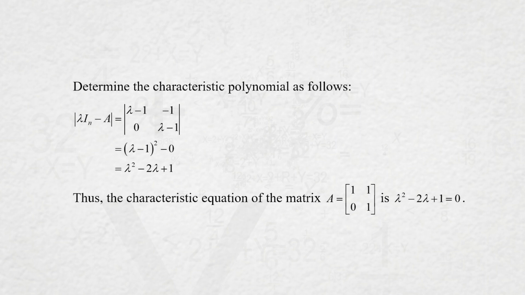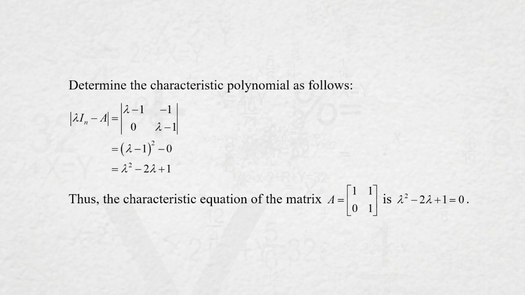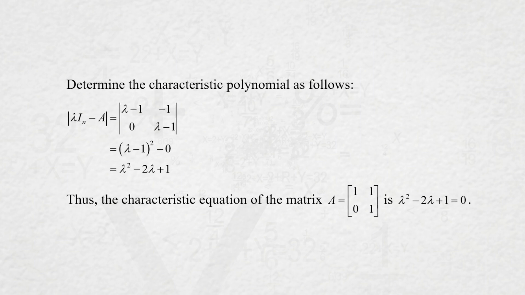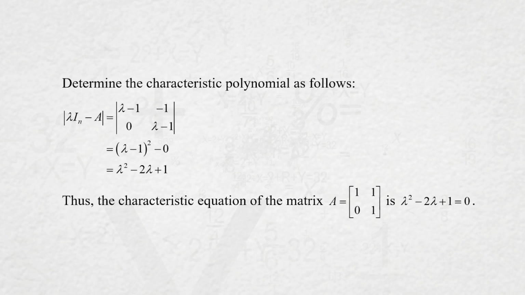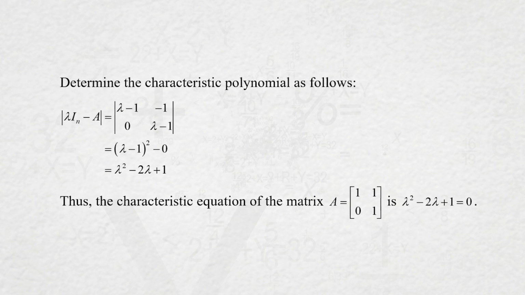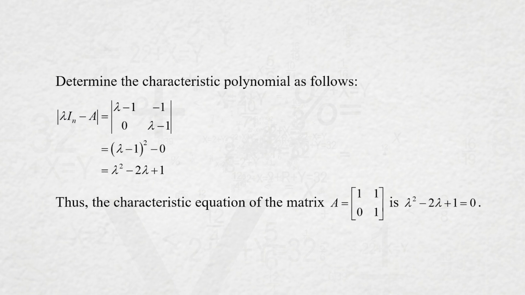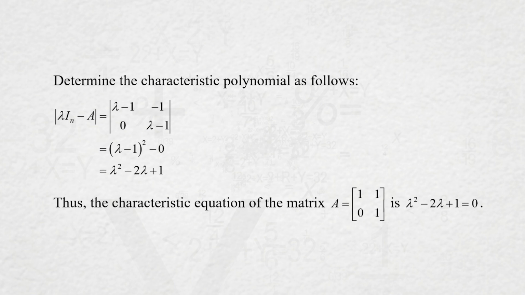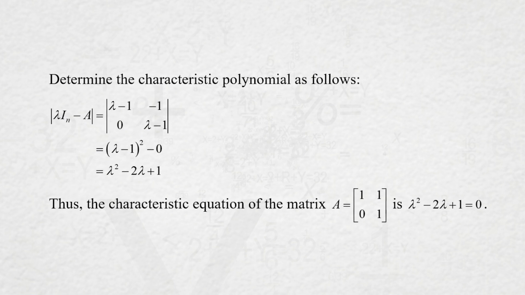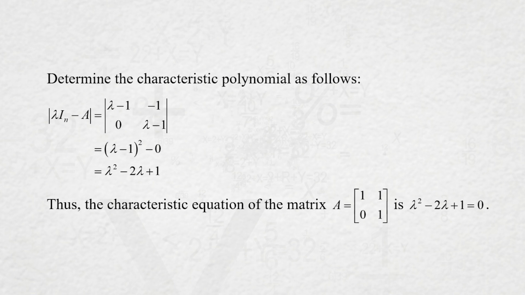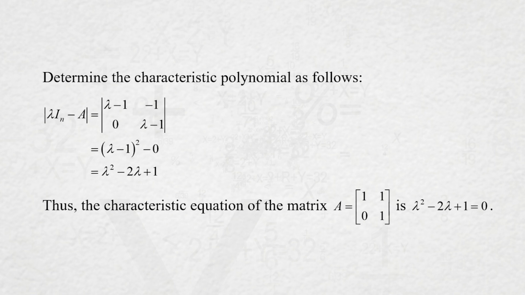Because we are talking about matrices here, this is the determinant of lambda In minus A. If you find this determinant, you have lambda minus 1 multiplied by lambda minus 1, that is lambda minus 1 the whole square, minus 0, that is lambda square minus 2 lambda plus 1. Thus, the characteristic equation of the matrix A, 1 1 0 1, is given by lambda square minus 2 lambda plus 1 is equal to 0.